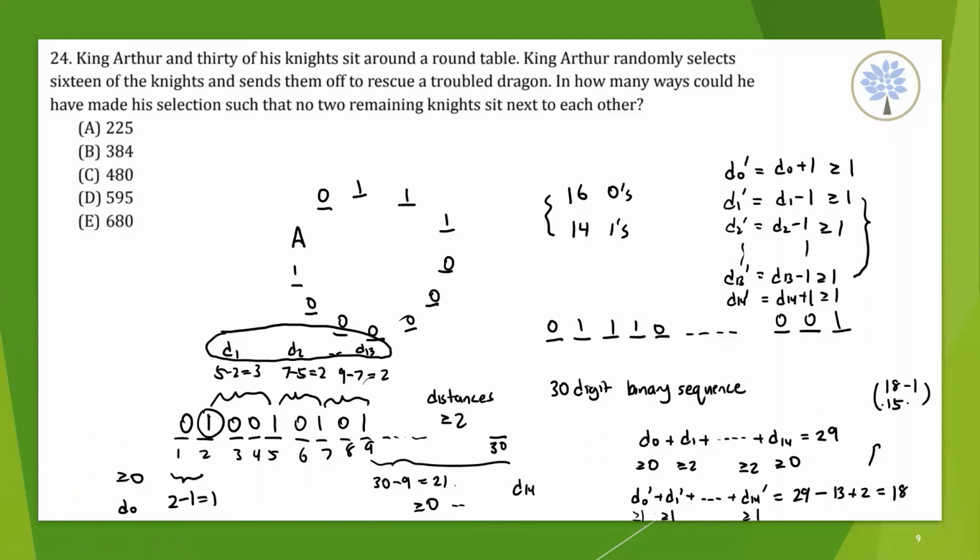There are 18 total and 15 distances. So we have 17 choose 14 as the number of possible selections. And we can rewrite this as 17 choose 3. And from here, we can calculate 17 choose 3 to be 680. So the answer is E, and we're done.